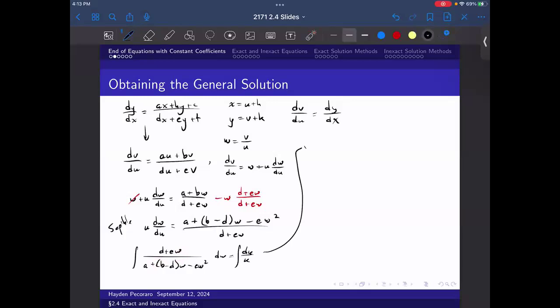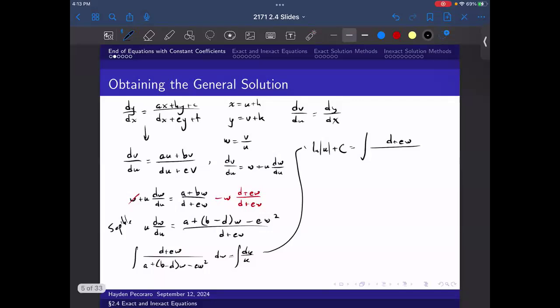So the right side is pretty easy. Log absolute value of u plus c equals the antiderivative of this horrible thing. And what is this horrible thing? Well, it's a thing that we're going to turn into a partial fractions like object.